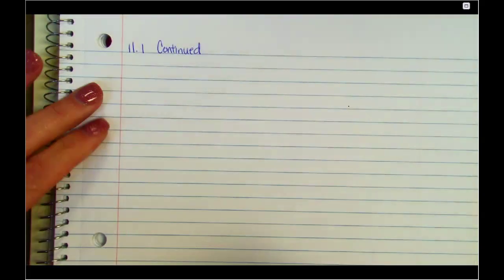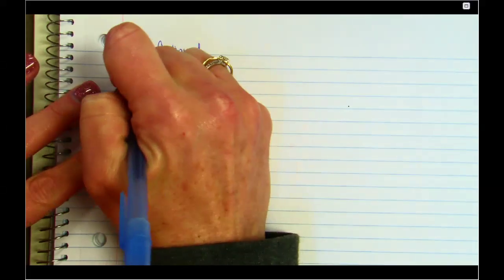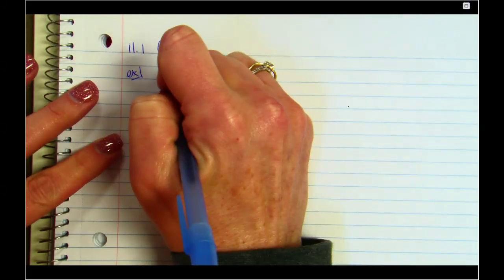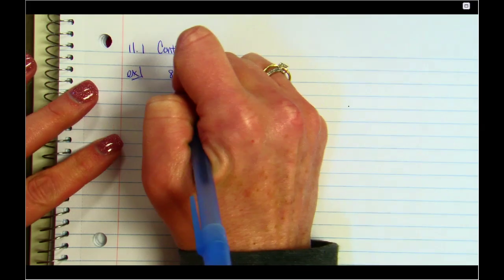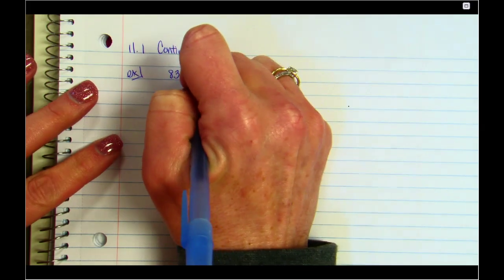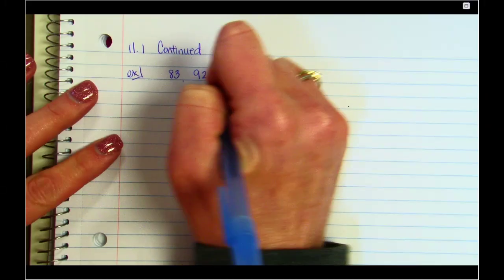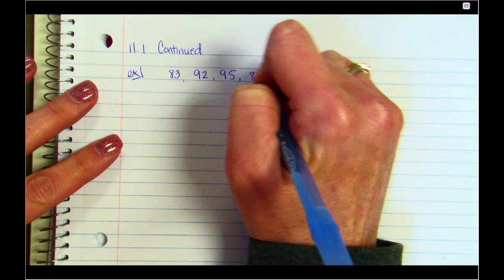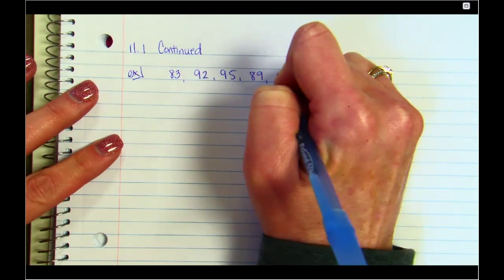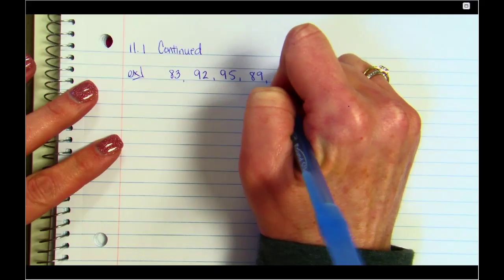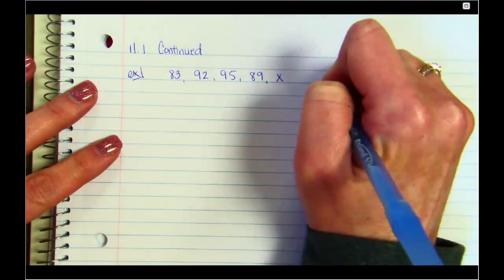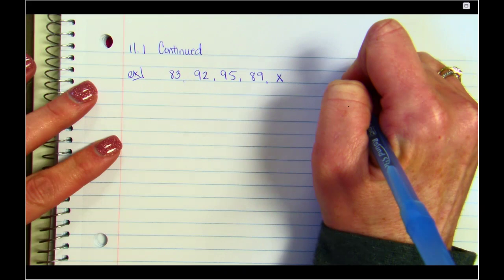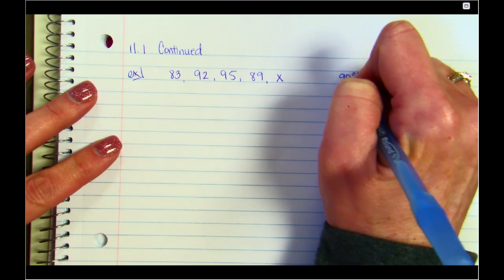So we're going to take mean a little bit farther today. Let's say you're going to take your tests and you have an 83, a 92, a 95, an 89, and we have one more test. You want to know, can you end up with a 90% in the class?